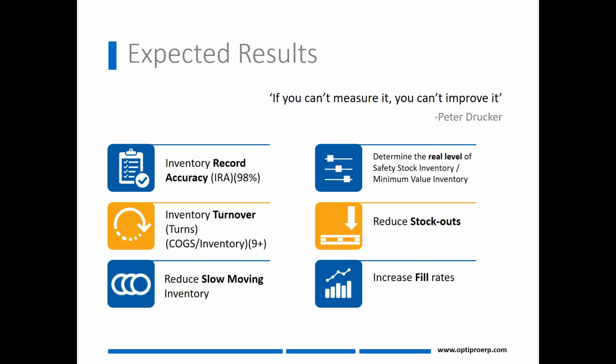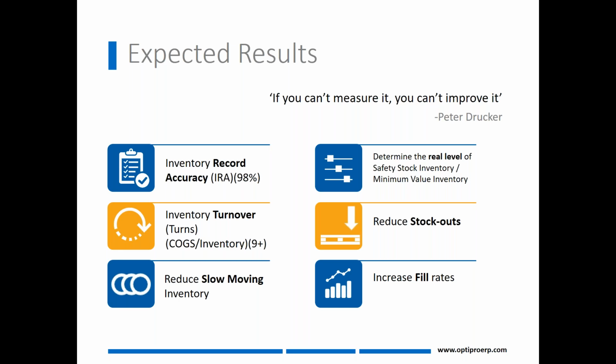That being said, 9 sounds good, but as an international measure, we have Far Eastern companies that are turning their inventory 26 times. That is to say they are moving their inventory every 2 weeks. You can imagine the effectiveness of that. This is where we have to go.